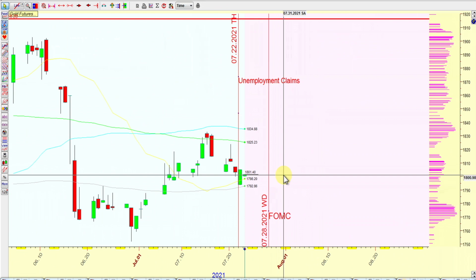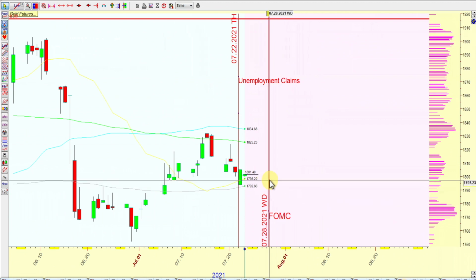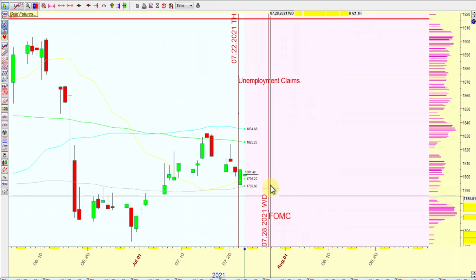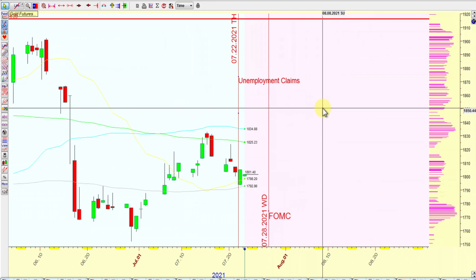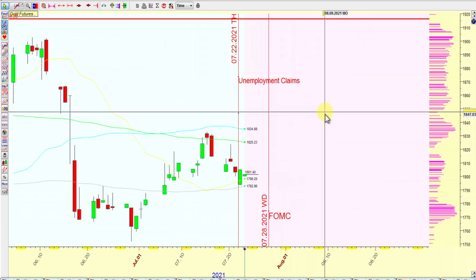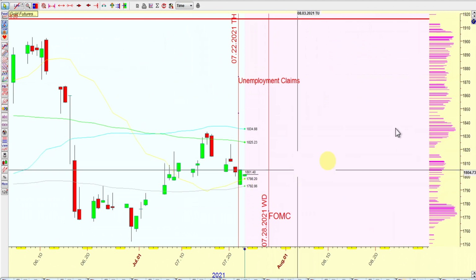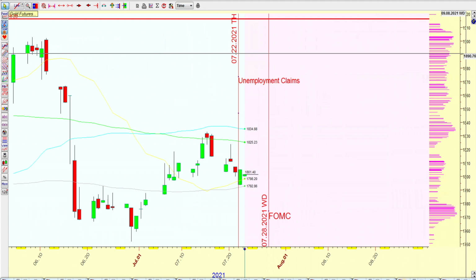It probably would be right after FOMC. If right after FOMC, price action just continues to tank, and I don't see anything of a momentum to the upside, then none of these panned out, and it's probably going to follow the bearish view that I showed you earlier in the video.